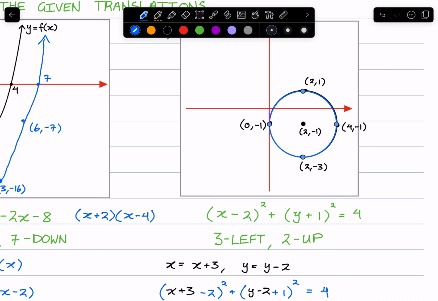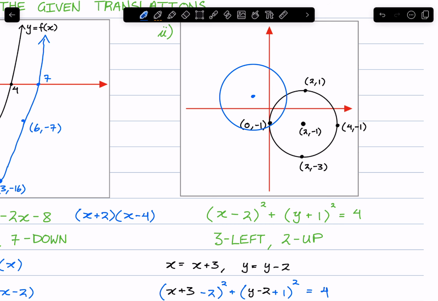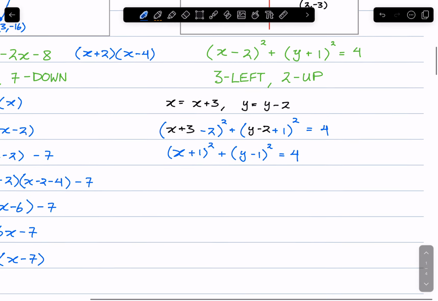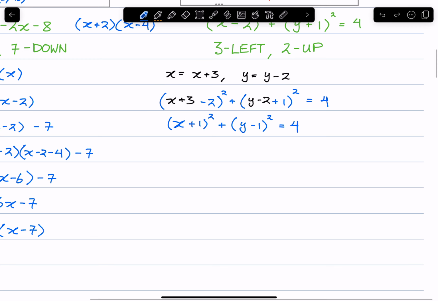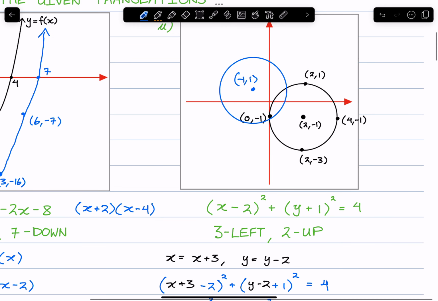Our new circle will approximately be here, where the center is going to be at, according to this, negative 1, 1. And the radius hasn't changed.